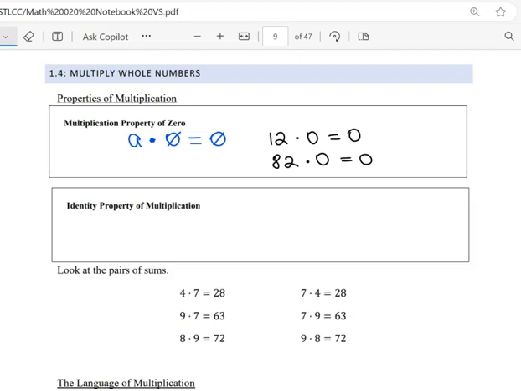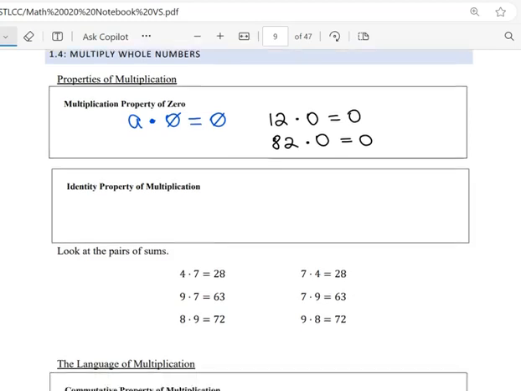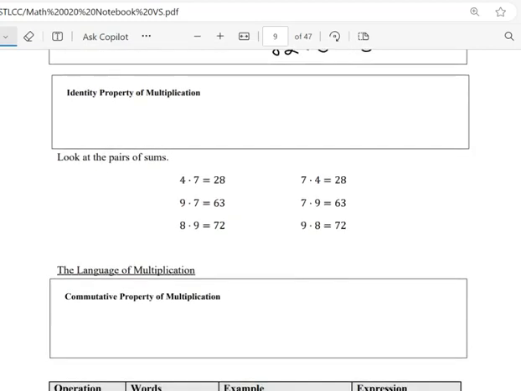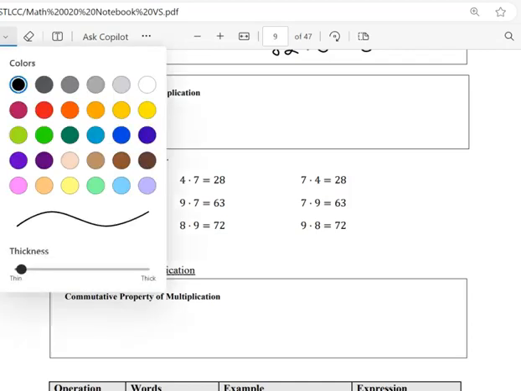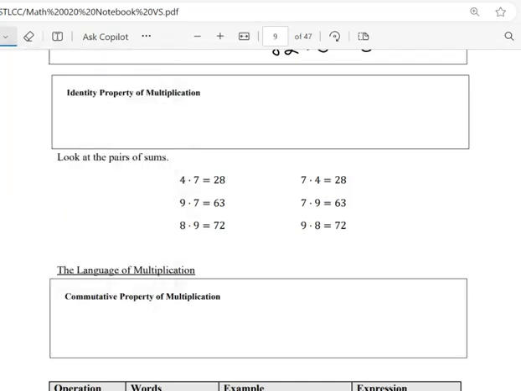The next one is the identity property of multiplication. Think of it as your identity does not normally change. So that means that if you multiply a number by a 1, you're going to have that same number. A times 1 equals A. So a couple of examples here.